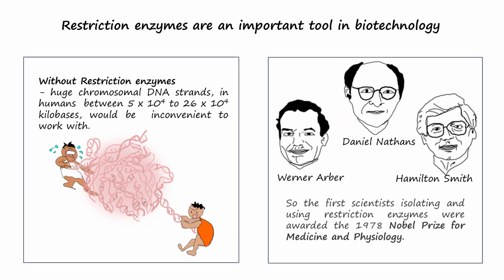Without restriction enzymes' ability to cleave at specific sites, long chromosomal DNA strands would be inconvenient to work with. Thus, the scientists who first isolated and used restriction enzymes, Werner Arber, Hamilton Smith, and Daniel Nathans, were awarded the 1978 Nobel Prize for Medicine and Physiology.